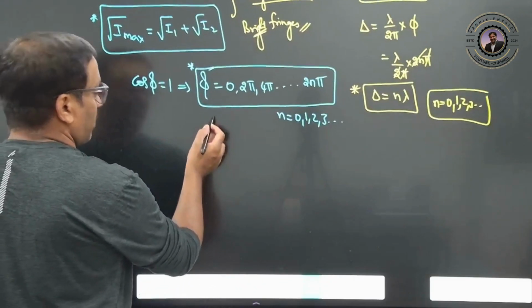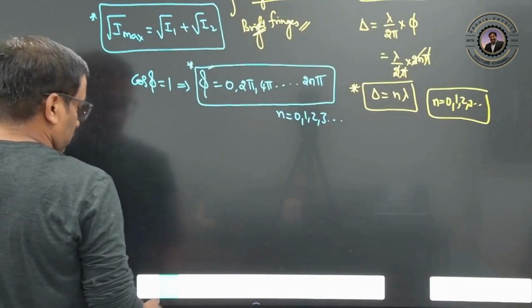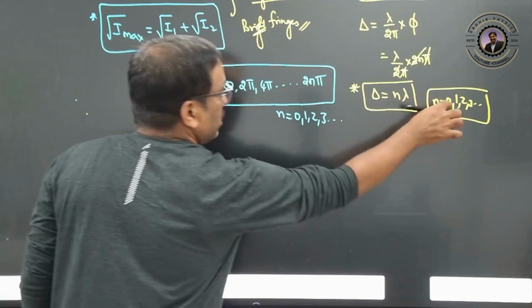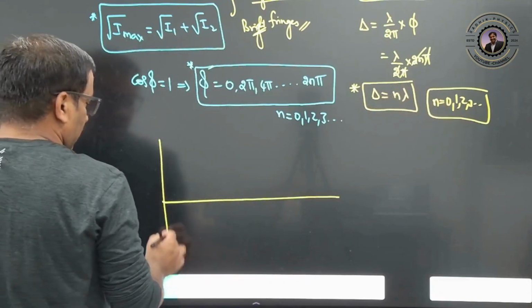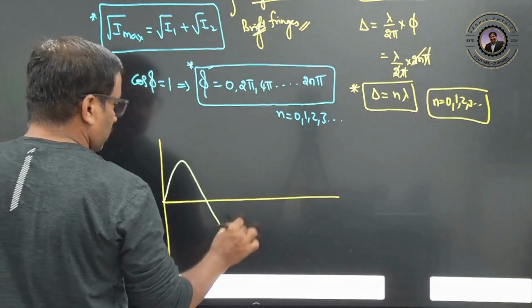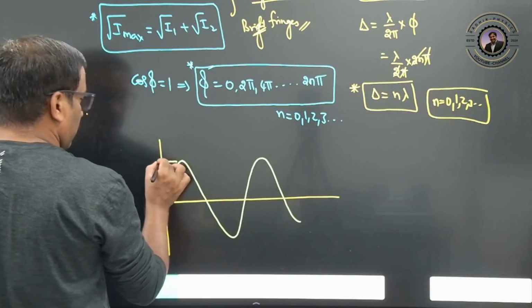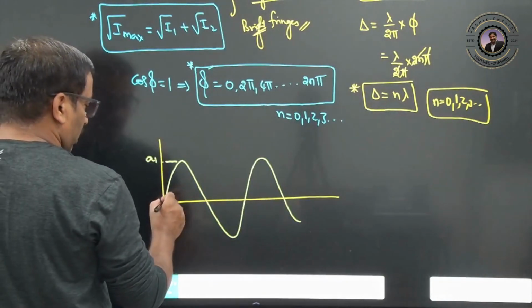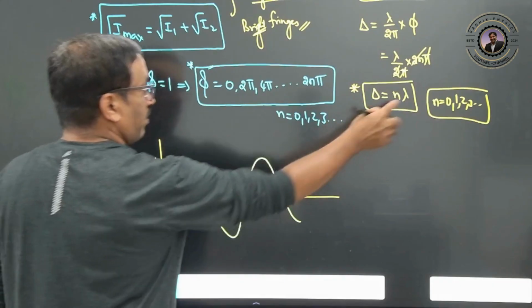Path difference means, suppose there is one wave, and the path difference is 0. Suppose this is one wave with amplitude A1. Another wave is there, so phase difference is not there, path difference also not there.